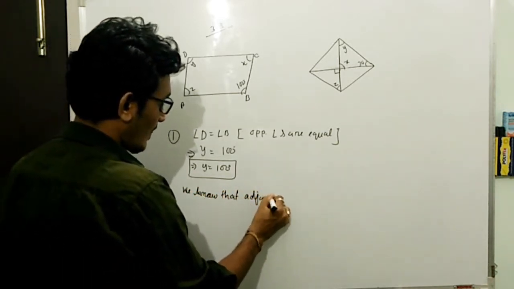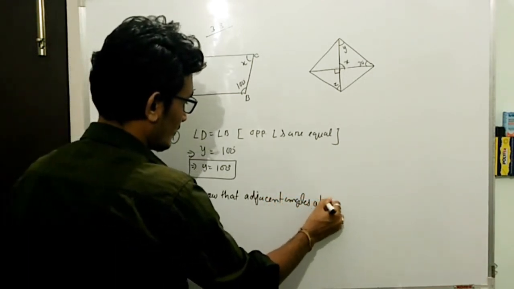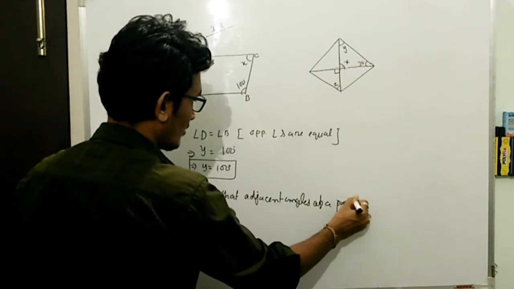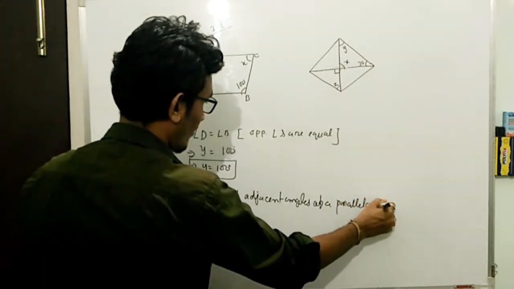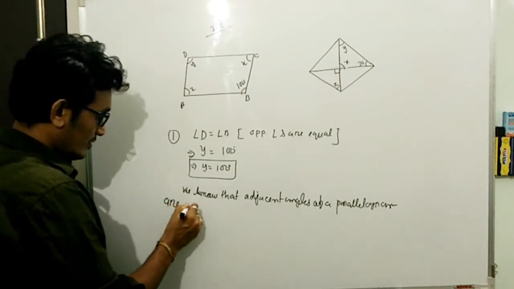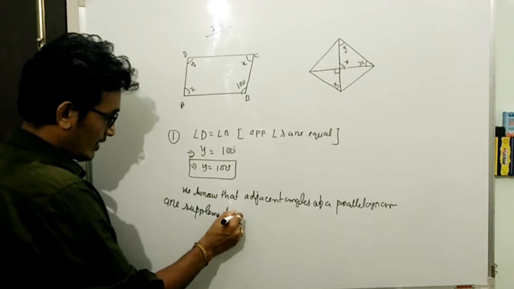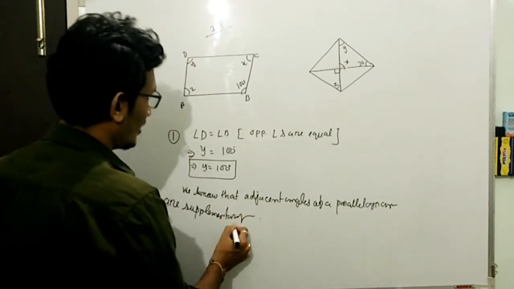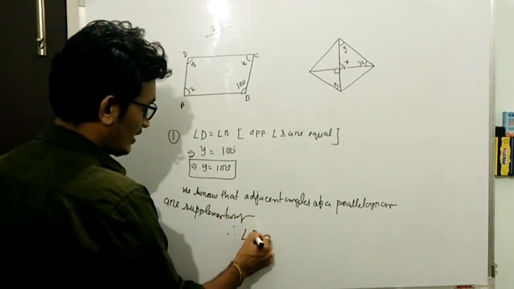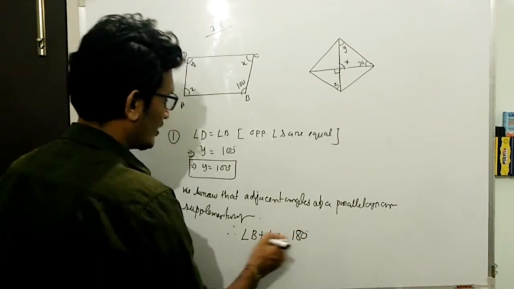Adjacent angles of a parallelogram are supplementary. So angle B plus angle C equals 180 degree.